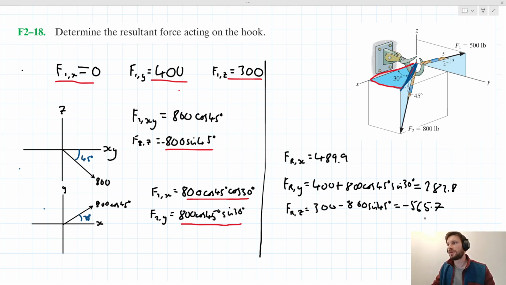Okay. So we have our x, y, and z components of our resultant force here. Let me just underline them in red. We have our x, y, and z components here.